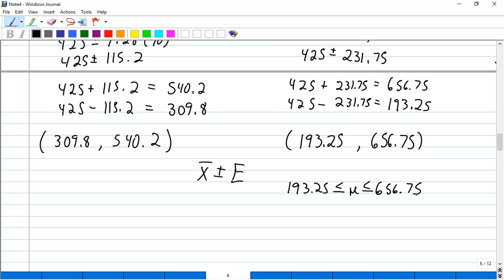It means the same thing though. So writing in the interval form and writing in this form means the exact same thing. And it doesn't mean that the mean has to be there. We are just 99% confident that the actual value of the population mean is in that interval.